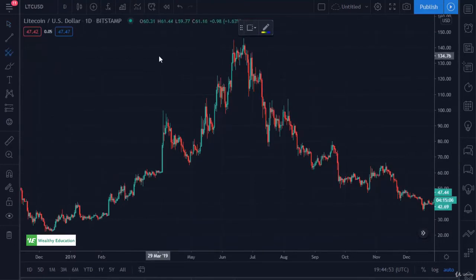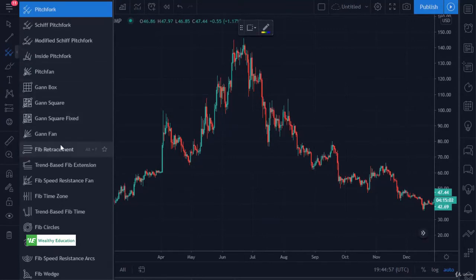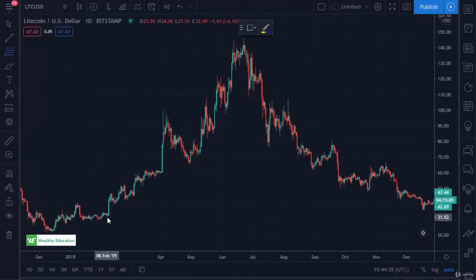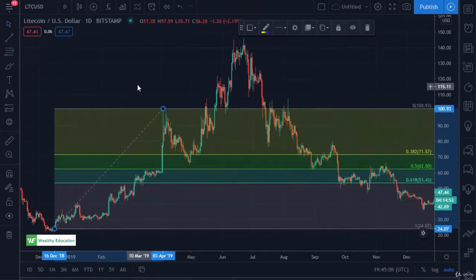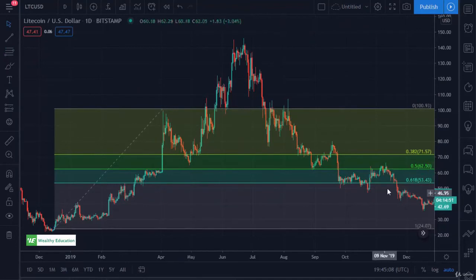So Litecoin, this is a daily chart, and we'll go ahead and take a look at the Fib retracement here. You can see that this was the low here, and we pulled up to there, came right back towards the 50% Fibonacci retracement level, didn't quite hit it, but just above it, and took off.